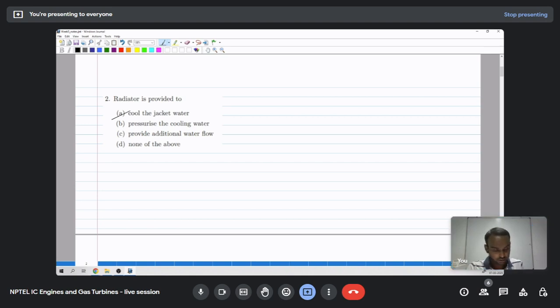Yes, sir. So the engine will have cooling water flowing through the cylinder block, and then it goes to the radiator, and then it goes back to the engine for cooling.